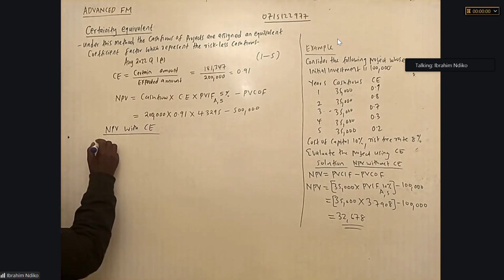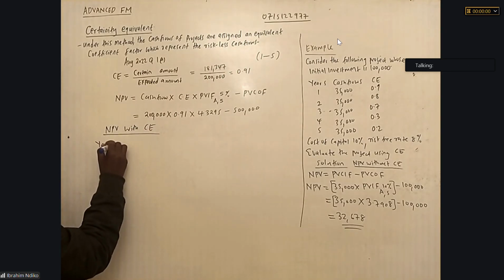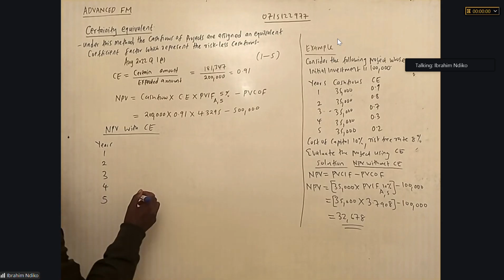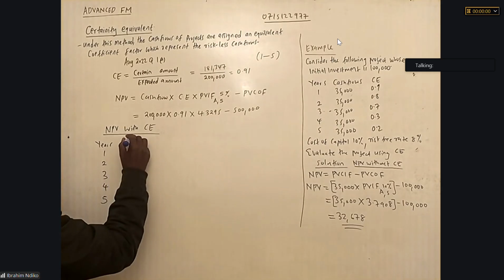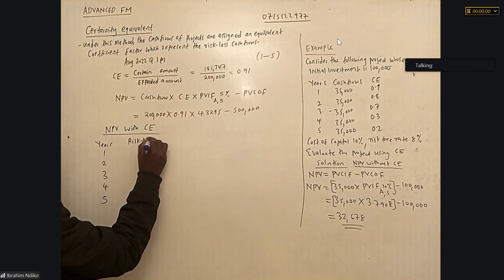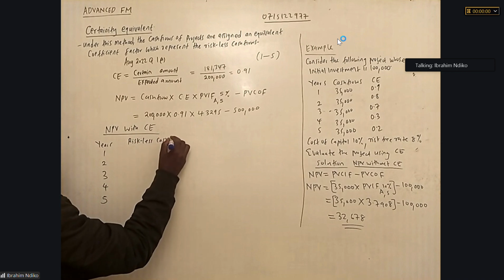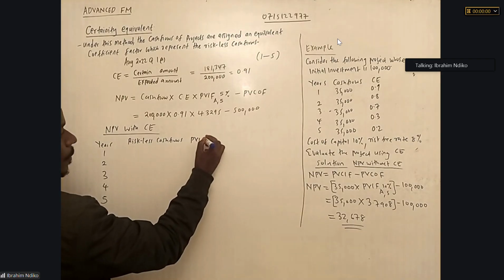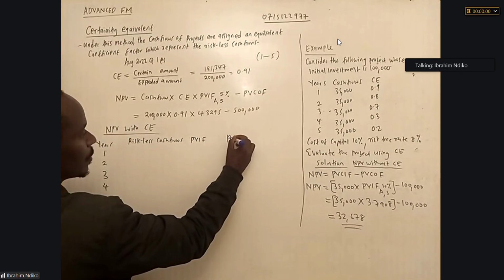We have the years 1, 2, 3, 4, and 5. Then we need to find our risk rates, cash flows. Then we multiply with the present value interest factor so that we can get our present value.